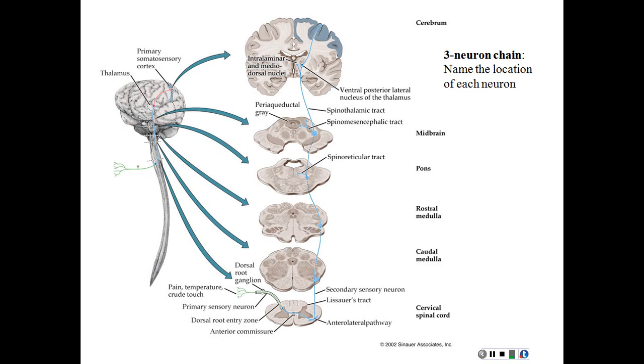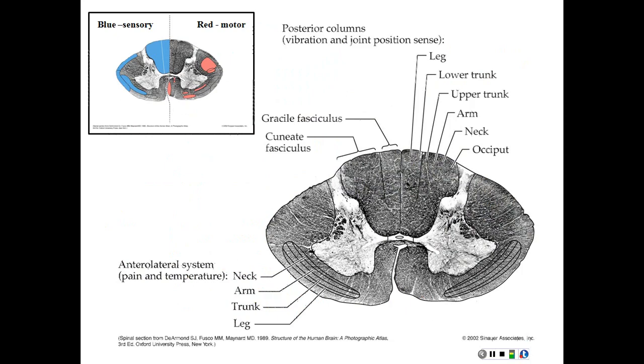If you go all the way down to the lower end of the spinal cord, so painful information coming from your foot, right? That foot information of pain is traveling on the opposite side of the spinal cord all the way up. Why is that important? Because it's important that you recognize how these pathways are organized.